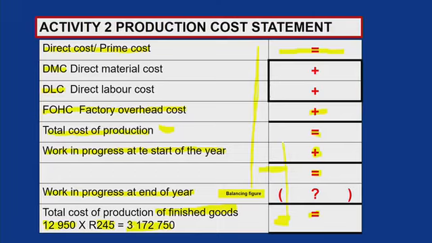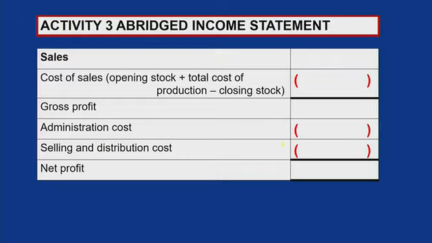Once you've got that calculation, you can fill in the answer at the bottom, work back up, and you have the missing amount. Lastly, the abridged income statement. Abridged just means shortened income statement. Do you see that we now bring admin cost and selling and distribution cost into it? So this is a shortened income statement, and you must pay special attention to this.